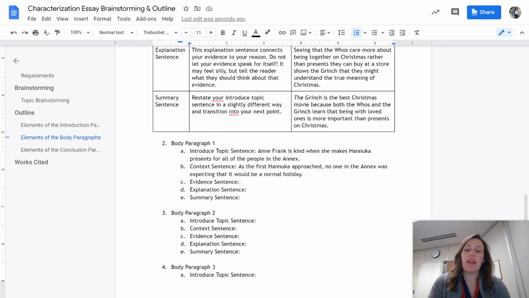I don't have my evidence on hand, but you will go find that evidence that you had already picked out. So let's say my evidence is when Anne went to go get the gifts. No one in the annex was expecting it would be a normal holiday.